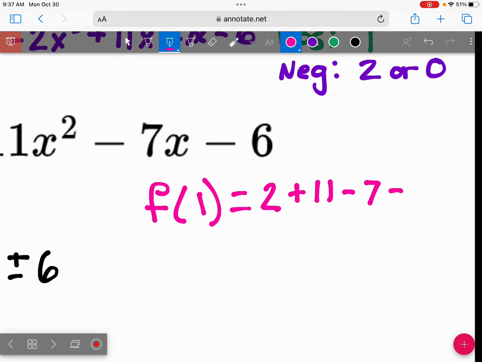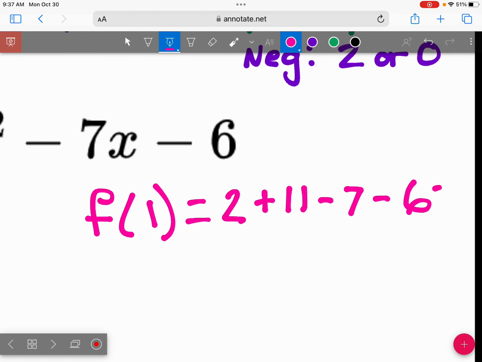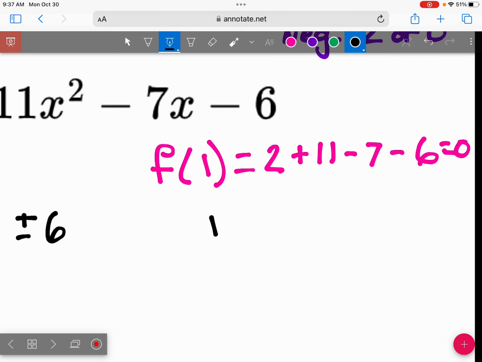Minus 7 minus 6. And what do we get? 0. What does that tell me? 1 is a root. So we lucked into a root on our very first one. 1 is a root. Yay, we lucked into one on our very first try.